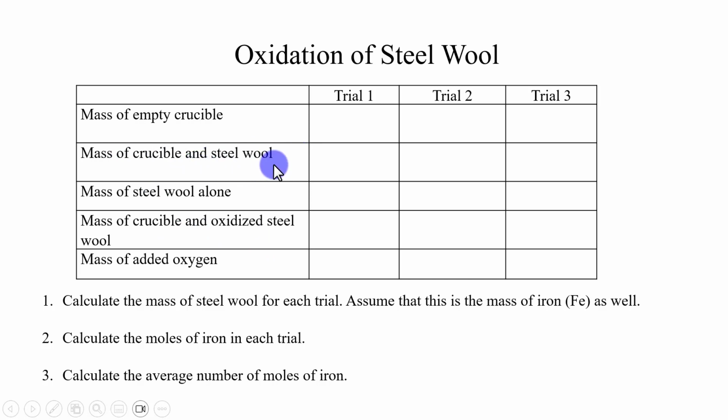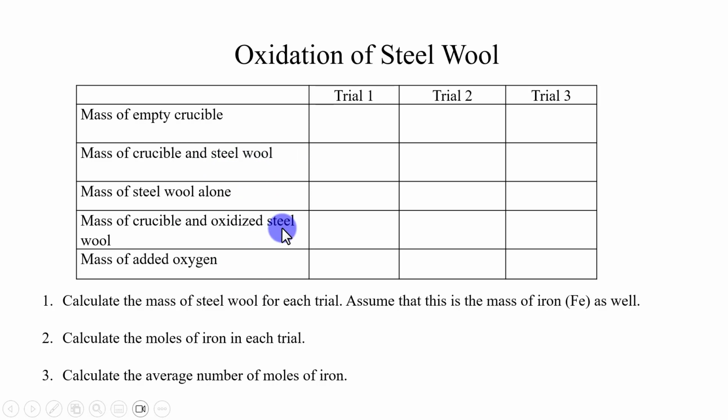Now, what happens when we burn steel wool in air? The iron in steel wool reacts with the oxygen, and it forms an iron oxide. So instead of just plain iron in the steel wool, we now have iron oxide, and oxygen is added to the iron, and therefore the mass of the oxidized steel wool is going to be larger than just that of the steel wool.